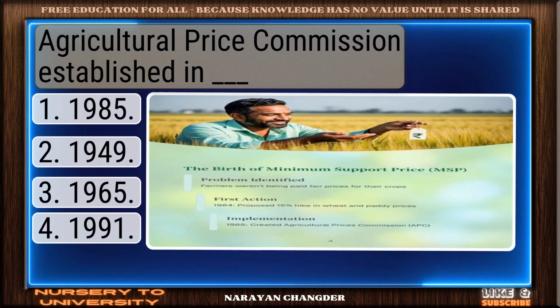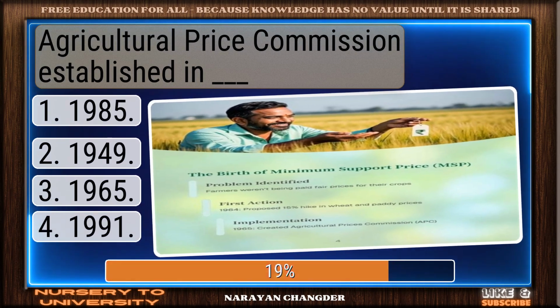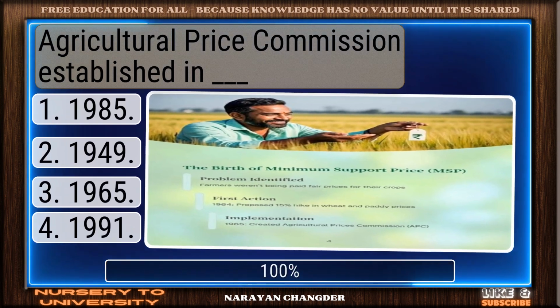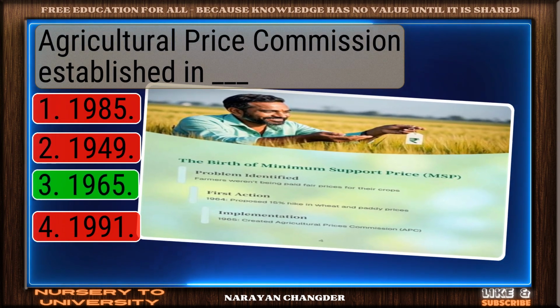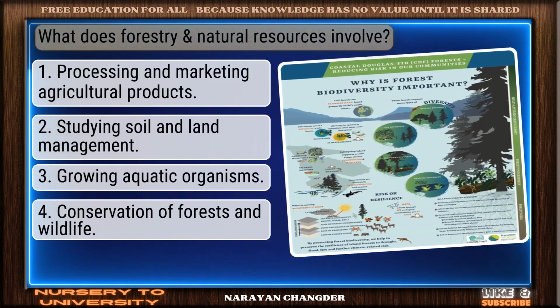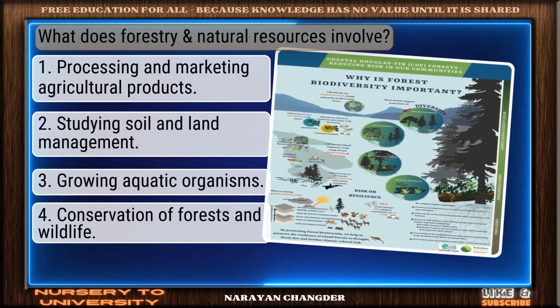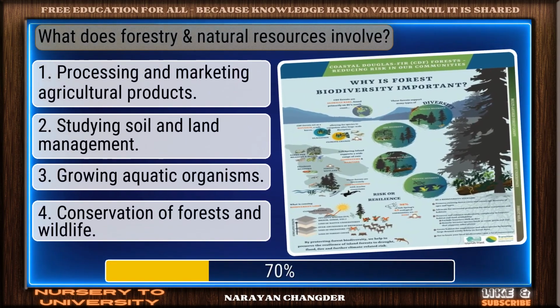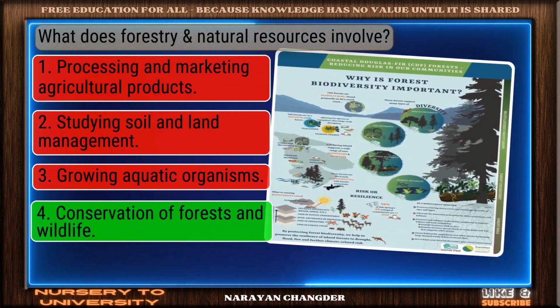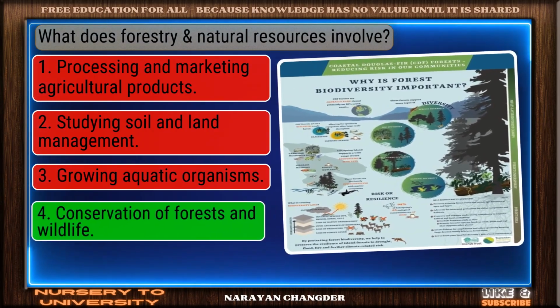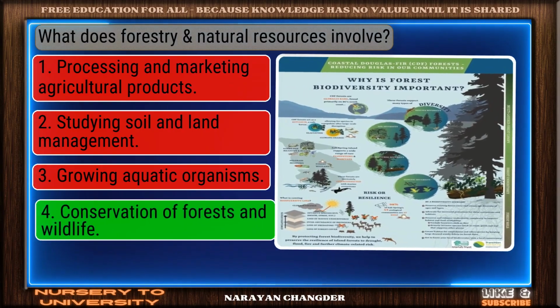Agricultural Price Commission established in dash. Well reasoned. 1965 is the correct choice. What does forestry and natural resources involve? Great thinking. Conservation of forests and wildlife is the right choice.